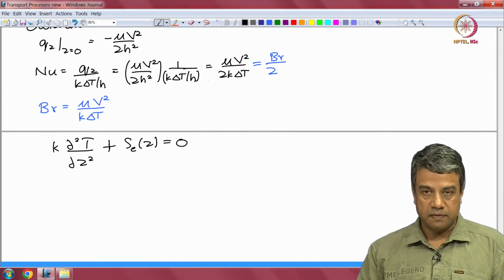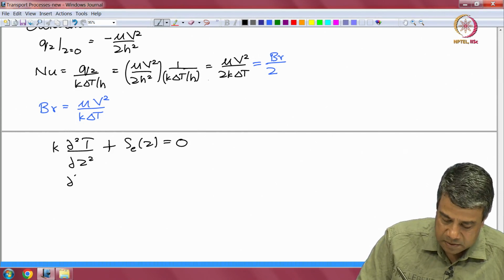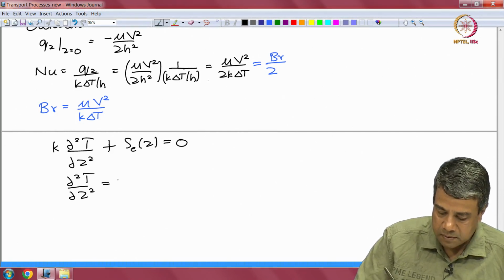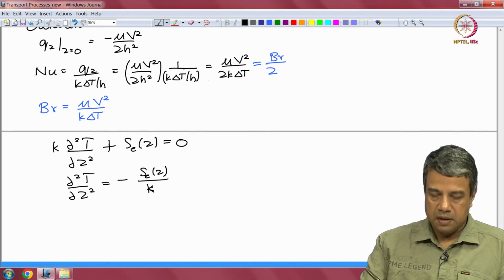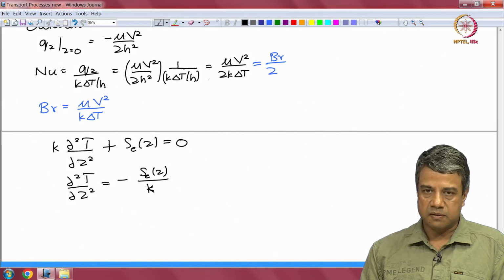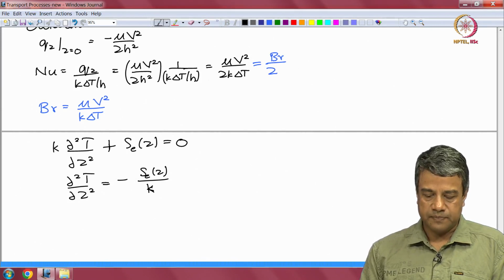In that case, partial square T by partial z square is equal to minus S E of z by K. And I just need to integrate the source 2 times to find out what is the temperature profile. Okay. So, that is a procedure that we will use for finding the temperature profile. Just integrate the source 2 times.